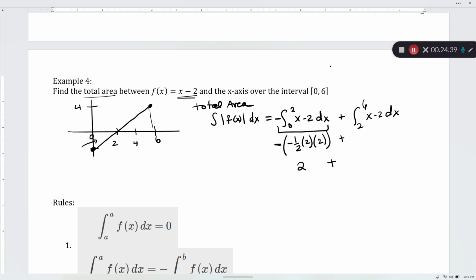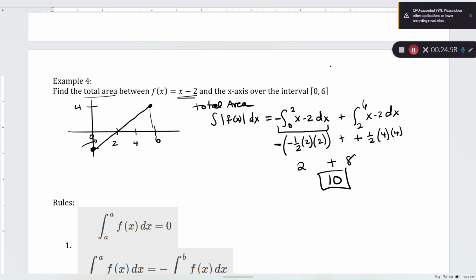This one is positive. I know I'm going to get a positive 1/2. Base is 4 units. Height is 4 units. And we get 8. So total area is going to be 10. Total displacement, or displacement rather, would have been 6. Okay?